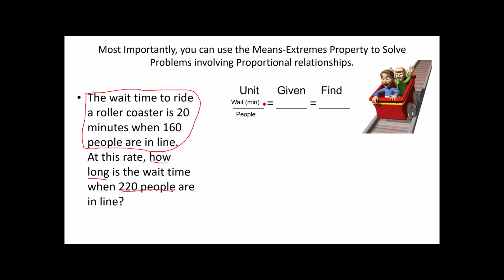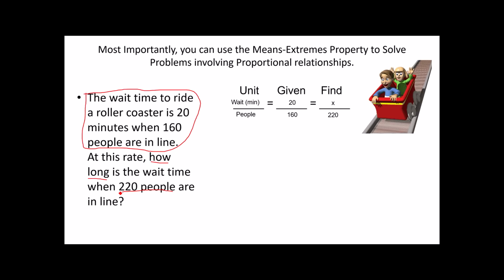Notice I filled in my unit. I know the wait time goes on top and the people go on bottom. It's 20 minutes when 160 people are in line. I know they asked me to figure out how long, so my variable is the wait time. And they give me the number of people. There's 220 people. What's the wait time?